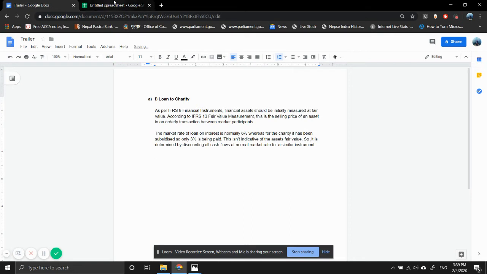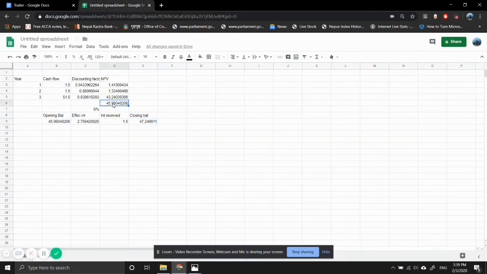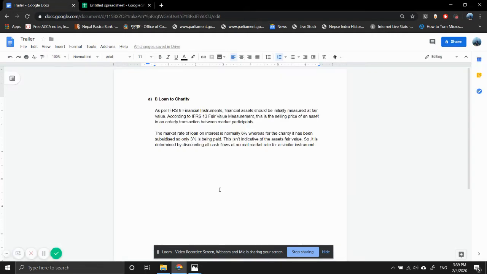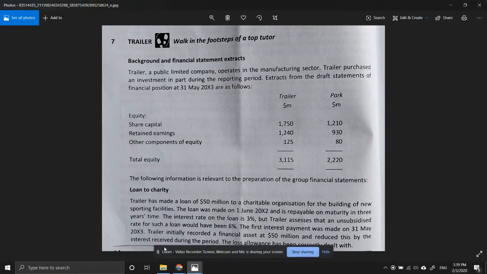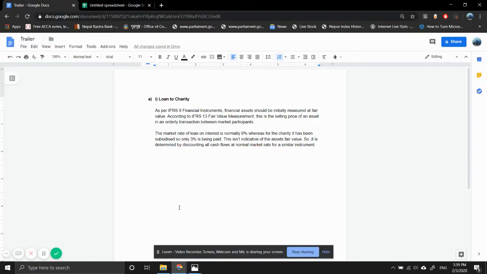And after that, what did we get from there? We got this, right? So our net present value is 46, right? So 46 is there, and then what mistake did the question make? They initially recorded a financial asset of 50 million, right? So this should be corrected.